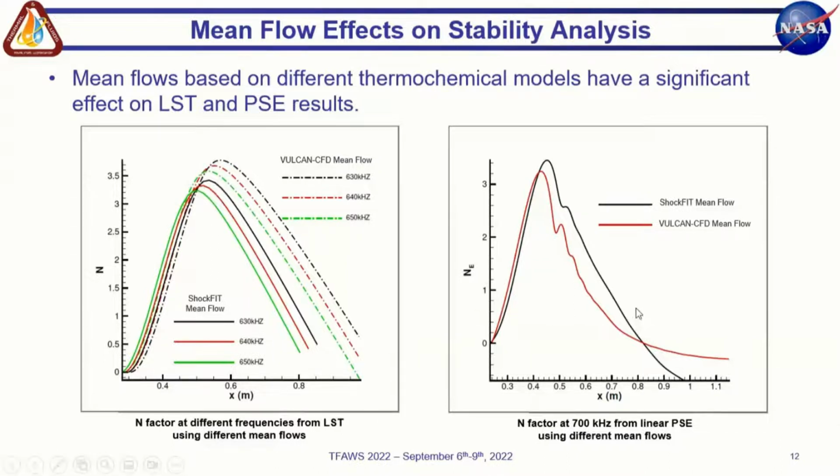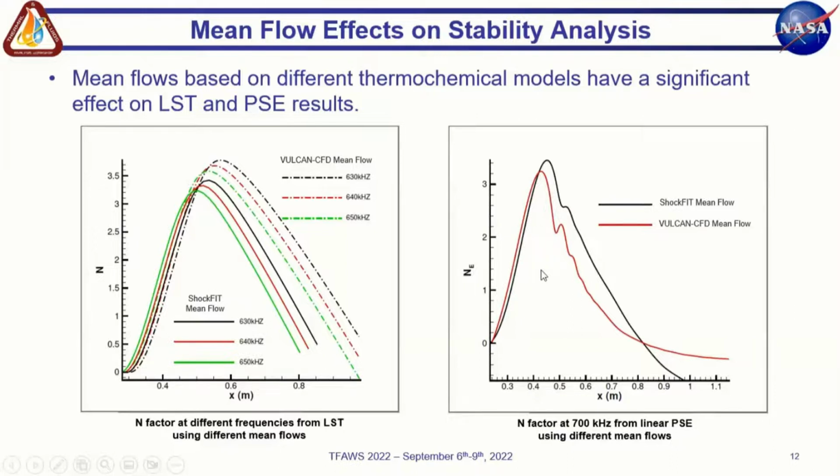This one shows the result for the 700 kilohertz disturbance from the linear PSE. It's the same thing here, right? The red lines are moving upstream. But this time, it's the shock fitting code that leads to a larger peak N factor, and it also delays the instability a little bit.